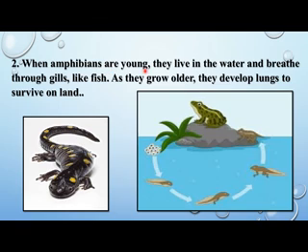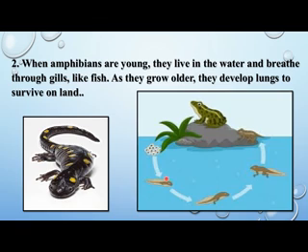When amphibians are young, they live in water and breathe through gills like fish. When they grow older, they develop lungs to survive on land. If we see the life cycle of a frog, frogs lay their eggs in water, and a baby frog called a tadpole hatches out from these eggs and spends its early life in water.